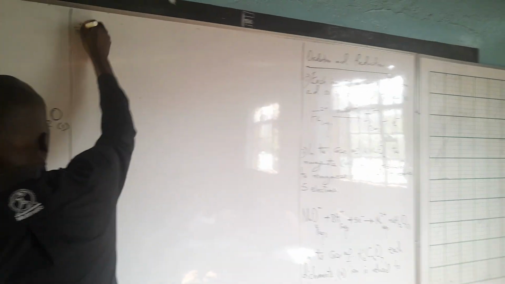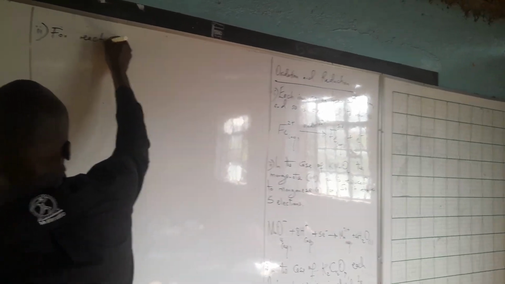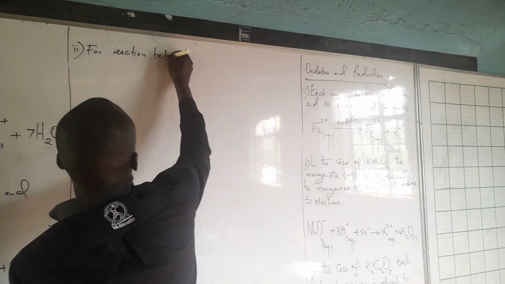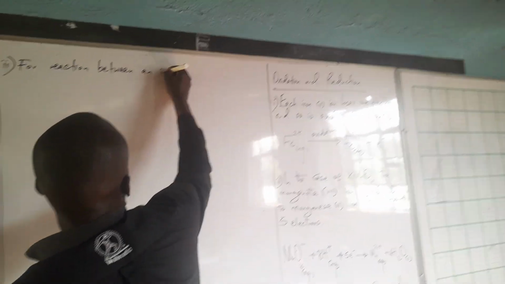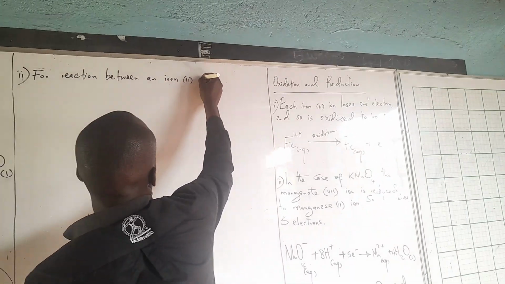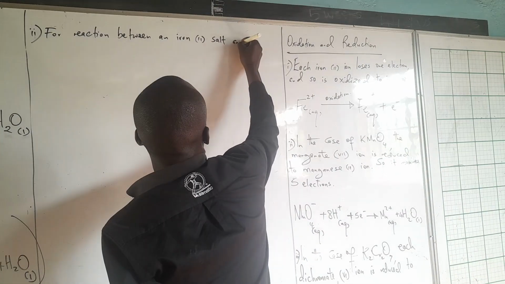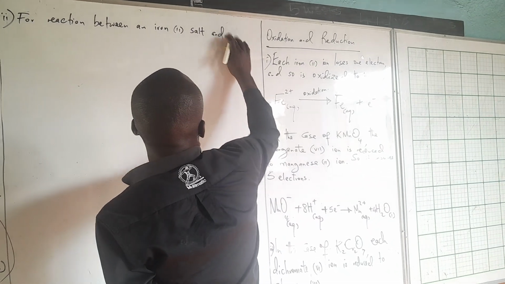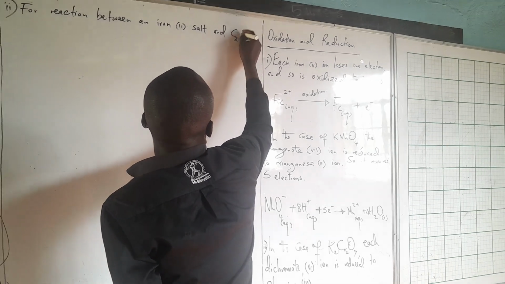Dichromate 6, let me specify here. For the reaction between an iron 2 salt and dichromate 6 is written like this.